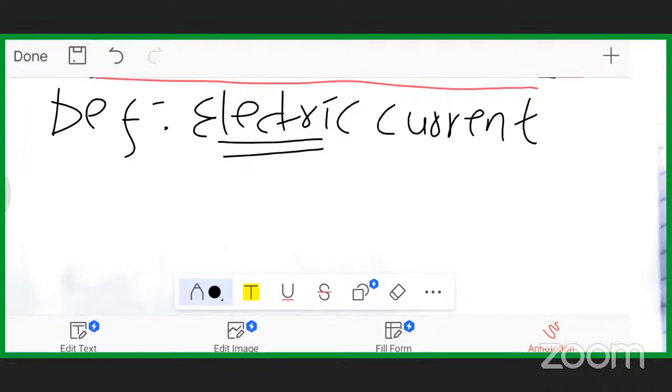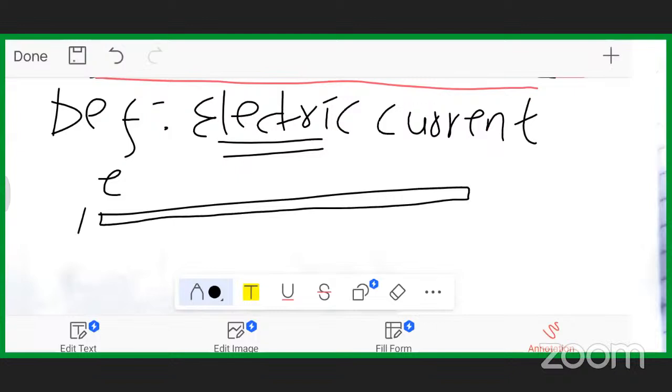So we have a charge, which is an electron, and if this charge is able to move from one point to another through a conductor, from point A to point B, with time, then it brings the concept of current. So current is simply defined as the rate of flow of charges from one point to another in a conductor.